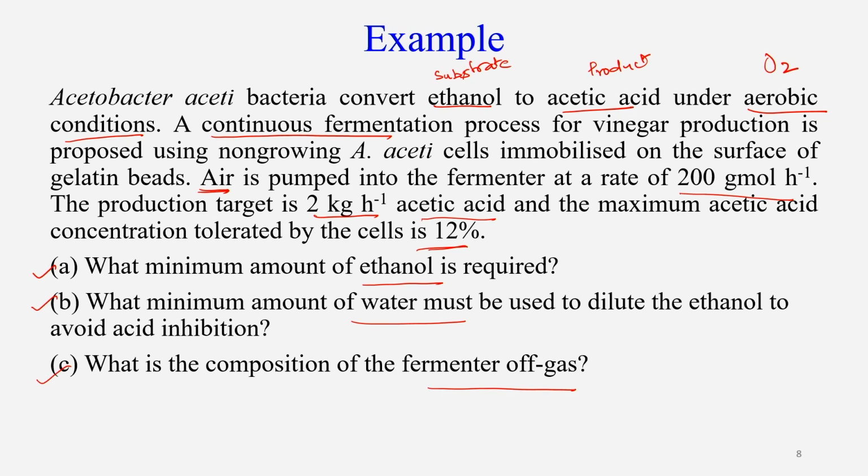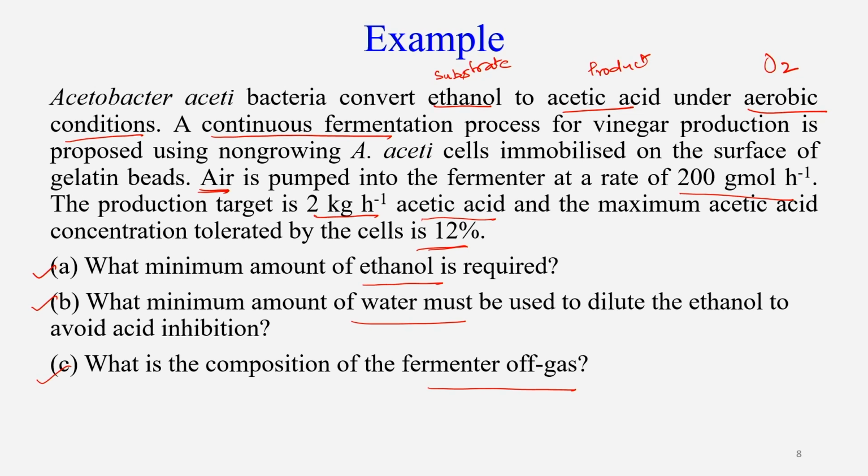So, now we just see what information is given to us. This air flow rate is known and product formation rate is known, and these are the unknowns. So, these unknowns can be calculated using the principle of conservation of mass.